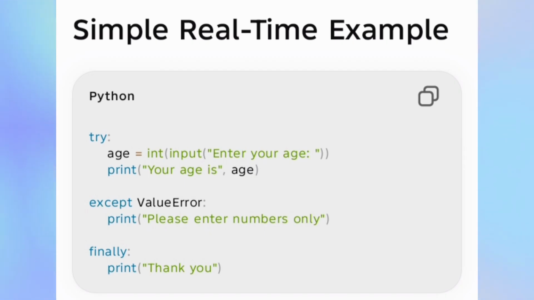Simple real-time example: try, age equal to int of input of enter your age, print your age is, age variable, except value error, print please enter the numbers only, finally print thank you.